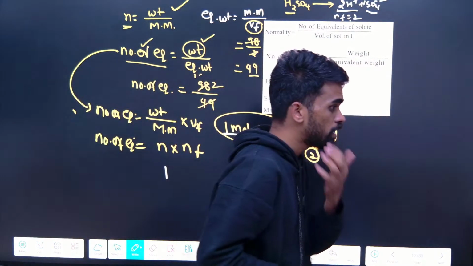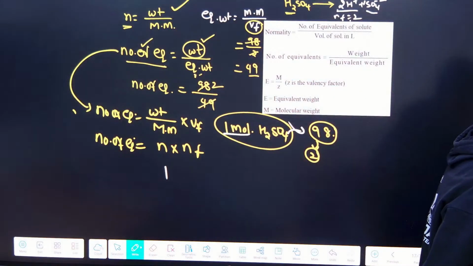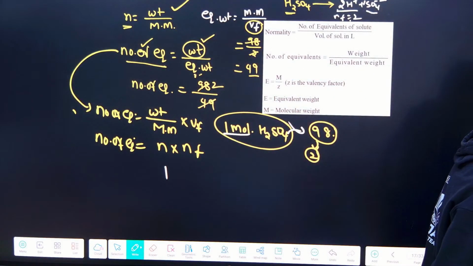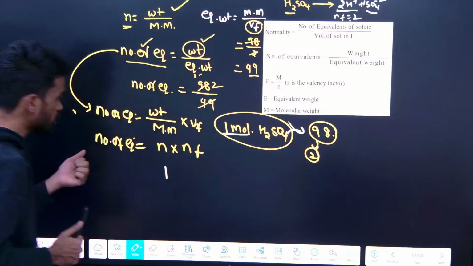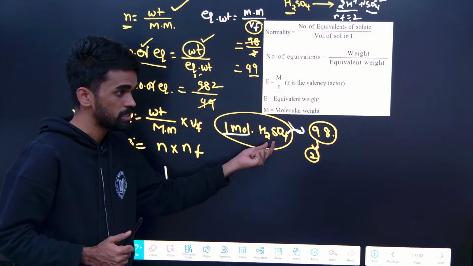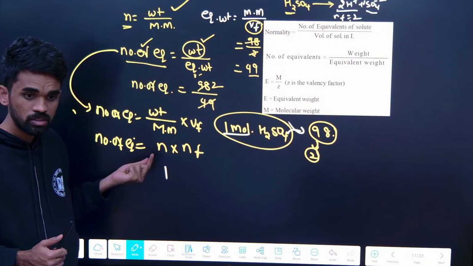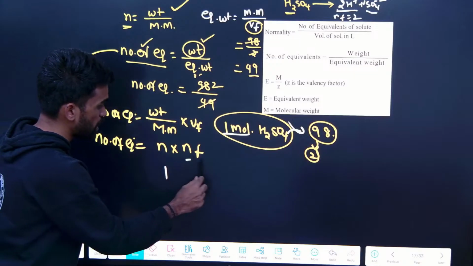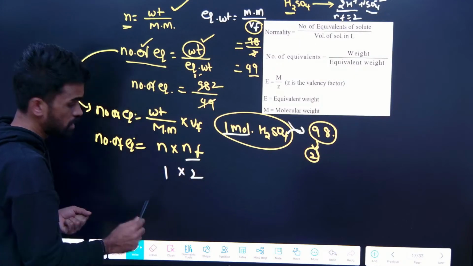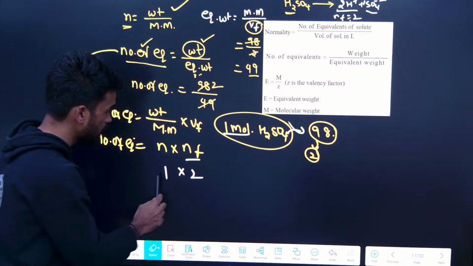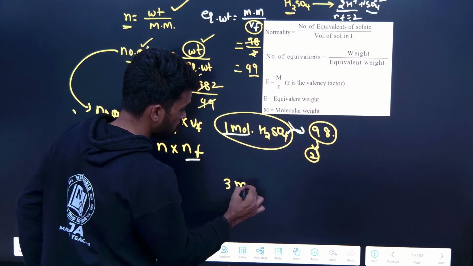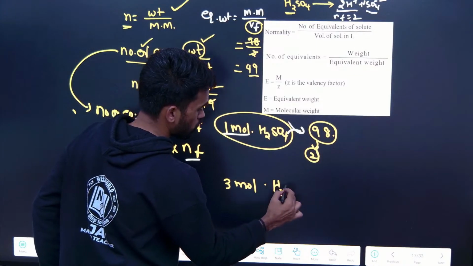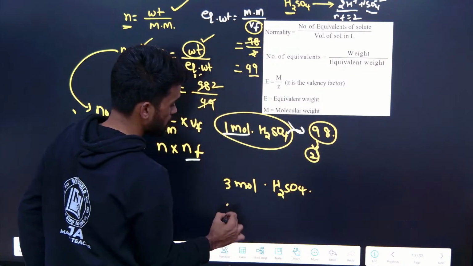Yes. Okay, Anshita, is that clear, whatever I am discussing here? So in 1 mole of sulfuric acid, how many equivalents do we get? 2, because its N factor is 2 for sulfuric acid. If I say 3 moles of H2SO4, how many equivalents does it have?